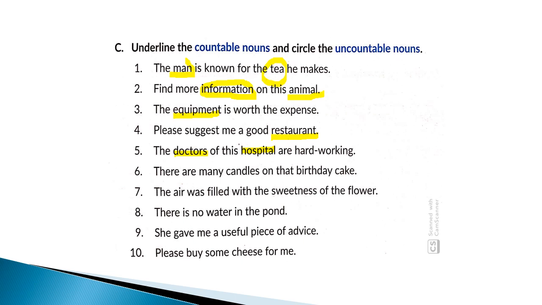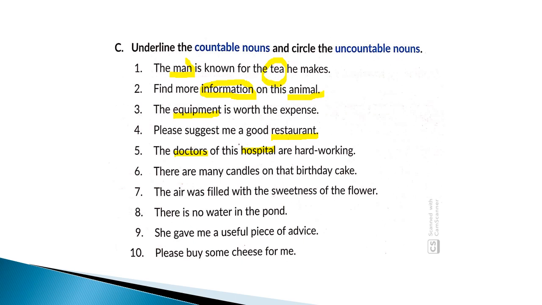Find more information on this animal. Animal is countable and information is uncountable. The equipment is worth the expense. Equipment, countable. Please suggest me a good restaurant.